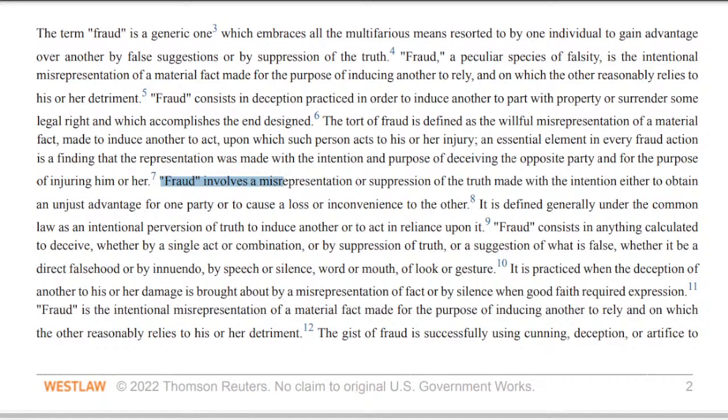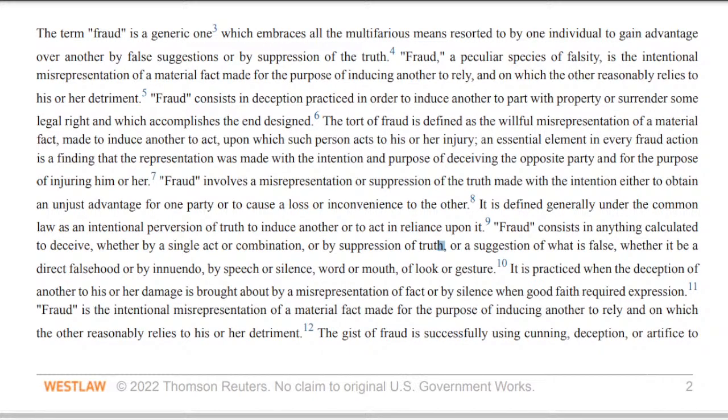Fraud involves a misrepresentation or suppression of the truth, made with the intention either to obtain an unjust advantage for one party or to cause a loss or inconvenience to the other. It is defined generally under the common law as an intentional perversion of truth in order to induce another to act in reliance upon it.